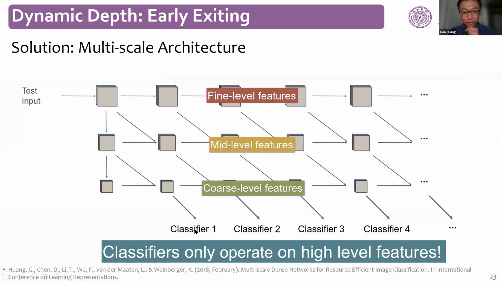Then we only train the shallow classifier with the relatively easy samples, and train a deeper classifier with the harder samples. That is, we do not compute the loss for easy samples in deep classifiers, and we do not compute the loss for difficult samples in the early classifier.